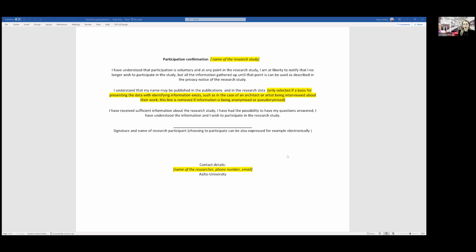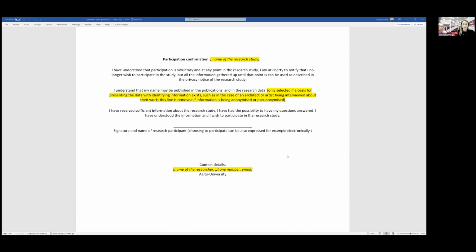Yeah. And in addition to this document, you would need to have information about the research study itself, which Maria mentioned already in the beginning, so all of the practicalities. Before people give their consent to participate, they need to be able to know what they are actually consenting to.